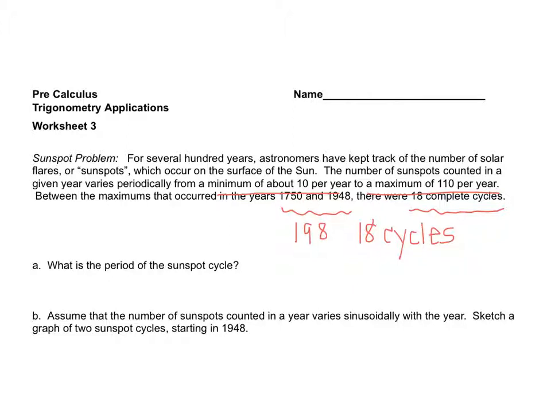So if I take 198 and I divide it by 18, that would tell me that I have one cycle in 11 years. And again, what I did is I took 198 and I divided it by 18, and I got one cycle every 11 years. So 11 is my period. So that answers question A. What is the period of your sunspot cycle?